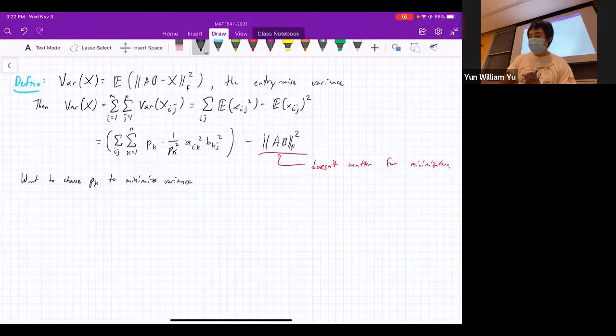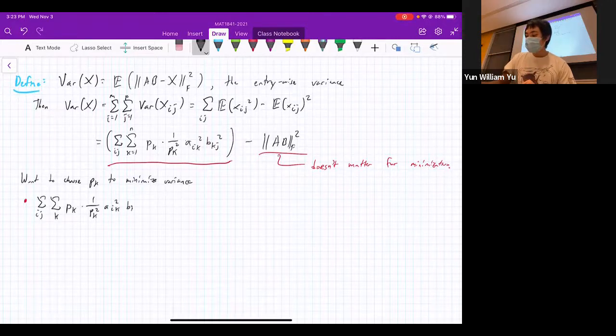So, let's see what happens when we take this part of the variance and try to minimize that. Let's see what we get when we expand it out a little bit. So this is just the sum over ij, the sum over k, pk times 1 over pk squared, aik squared, I'm totally going to mess up these indices at some point, bkj squared.